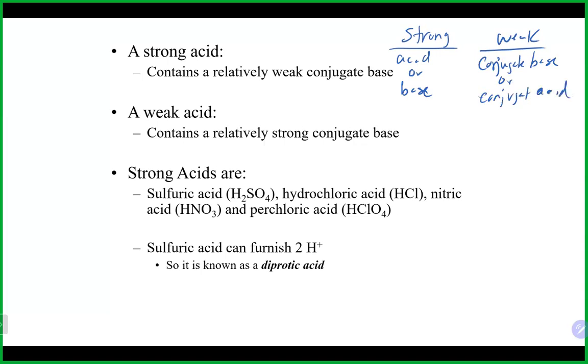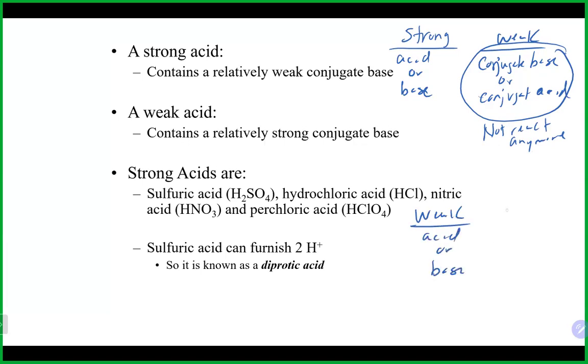It means that essentially those things that it produces, these guys over here, are really not going to react anymore. They're sometimes considered to be neutral in a sense because they're that partner. Now, if you had something that was a weak acid or base, its conjugate partner is going to be relatively strong.